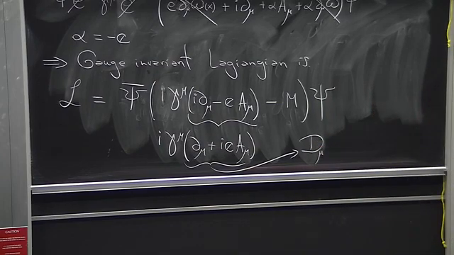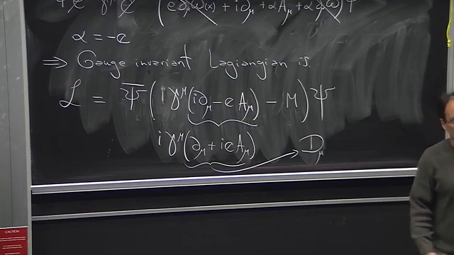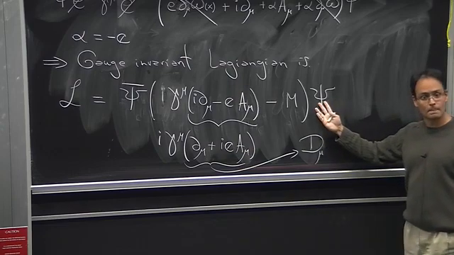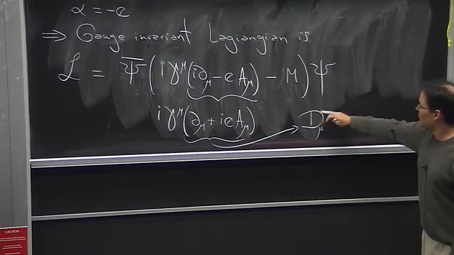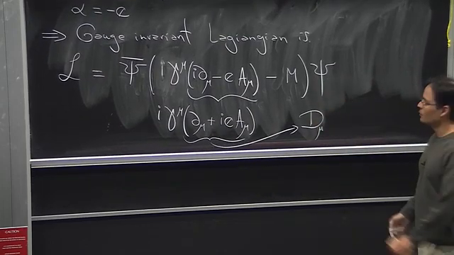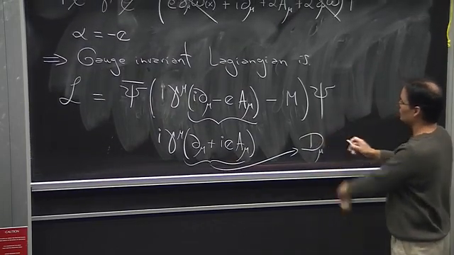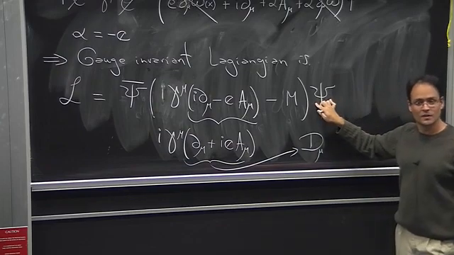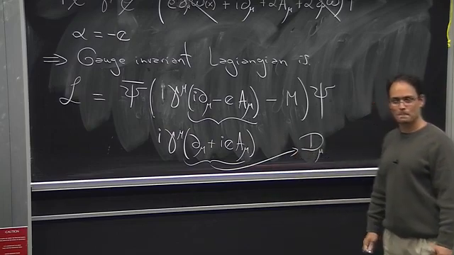Okay, you will see this in many places. Now, it's a covariant derivative, but a covariant derivative for what field? Well, it's a covariant derivative for this field. And what is the nice property of this covariant derivative? Well, the nice property is that under a gauge transformation, the phase that this picks up passes through the derivative, right?